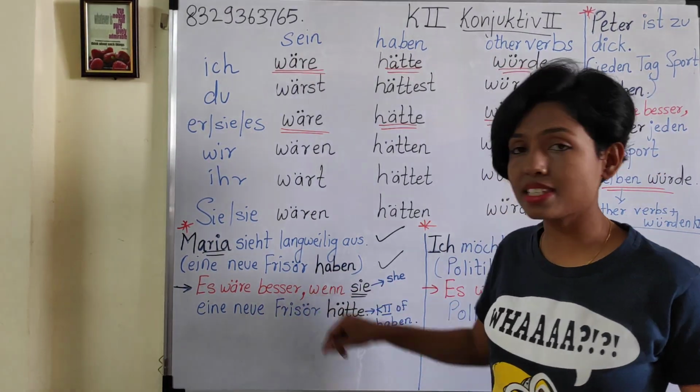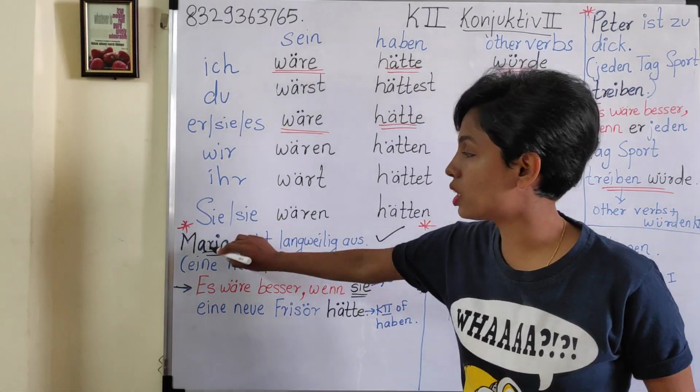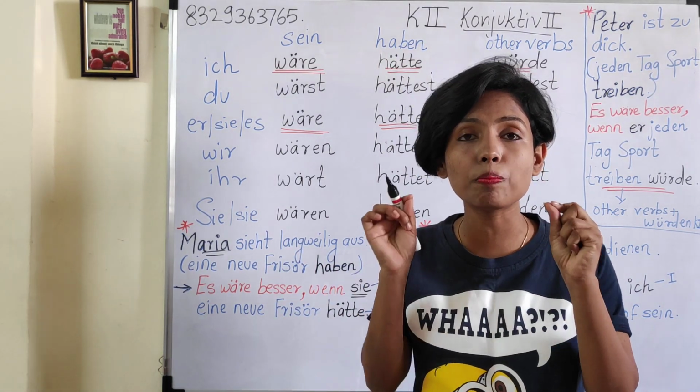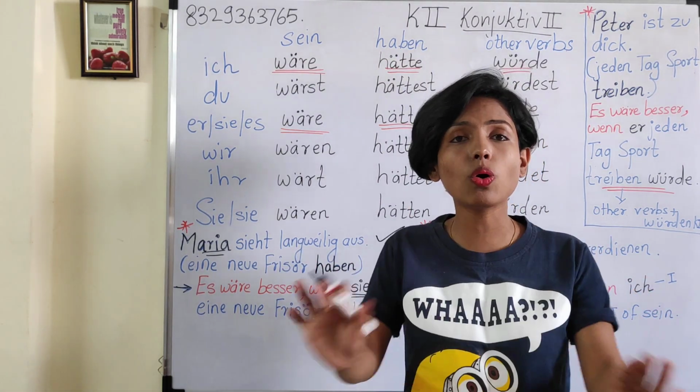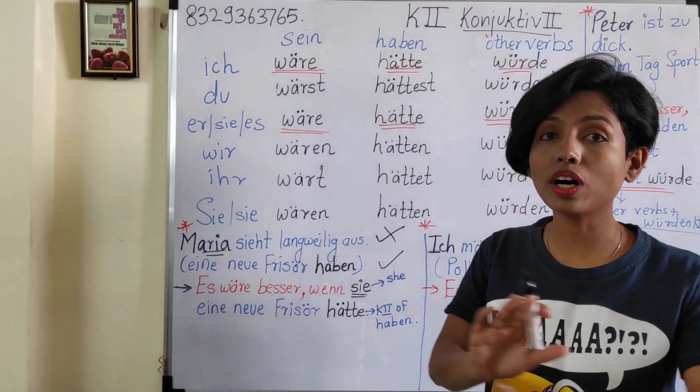So: Es wäre besser, wenn sie. Only the pronoun is picked from that line, and we don't use that line again after writing it. So this line's work is done.